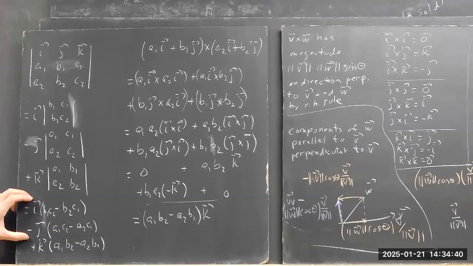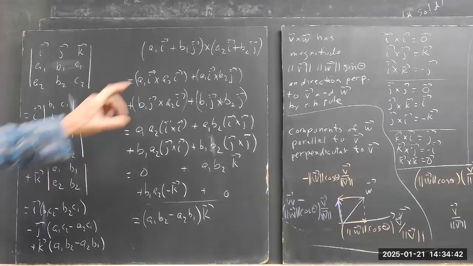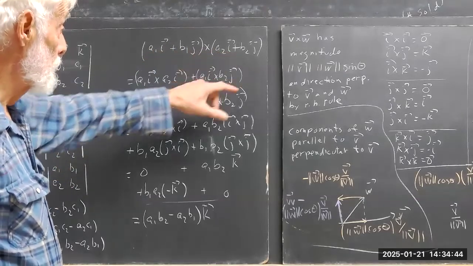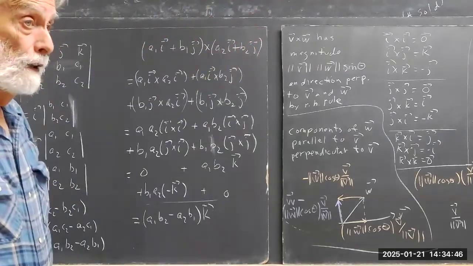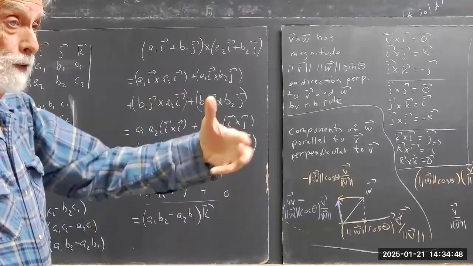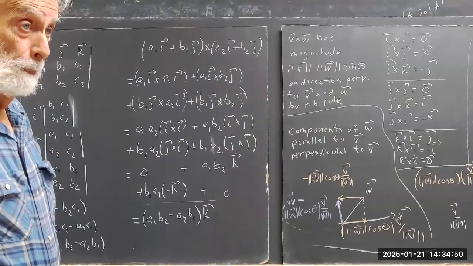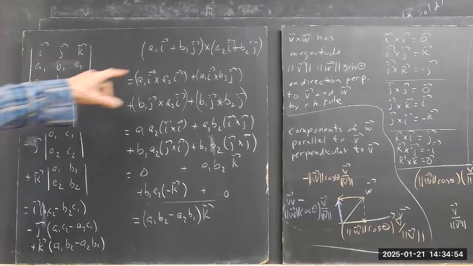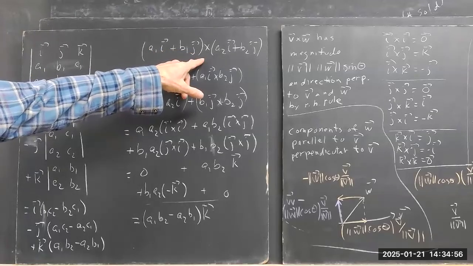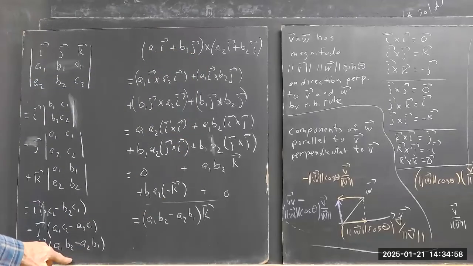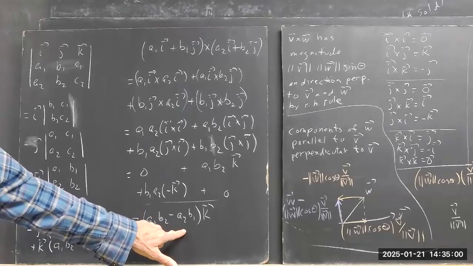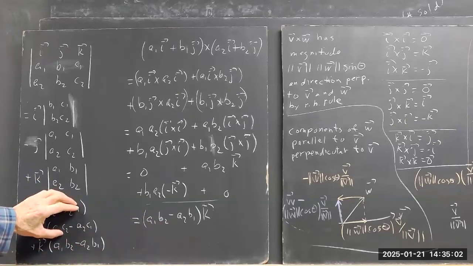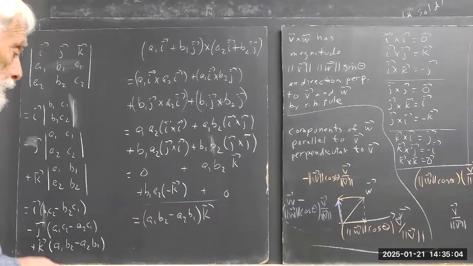When I did this cross product, I didn't have any K components. So my C1 and C2 were automatically 0. Okay. So if I replace the C1 and C2 by 0, I have this cross product. And notice that this agrees with this. And these two aren't going to be there.